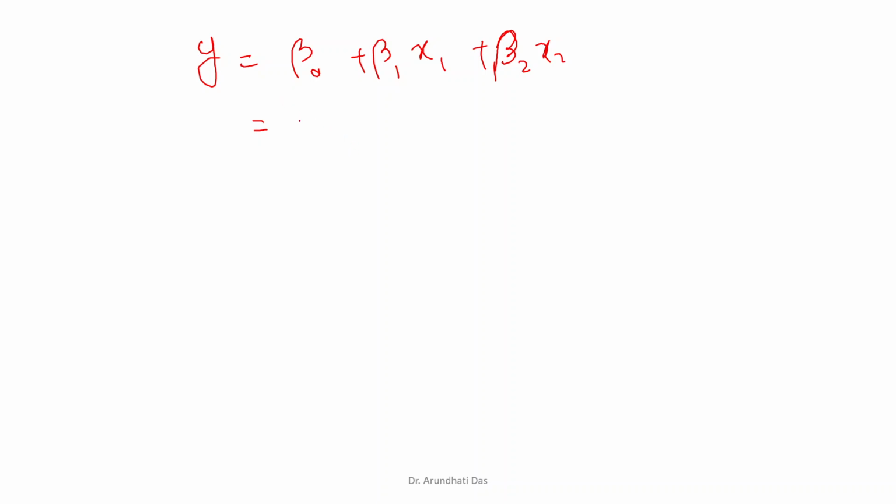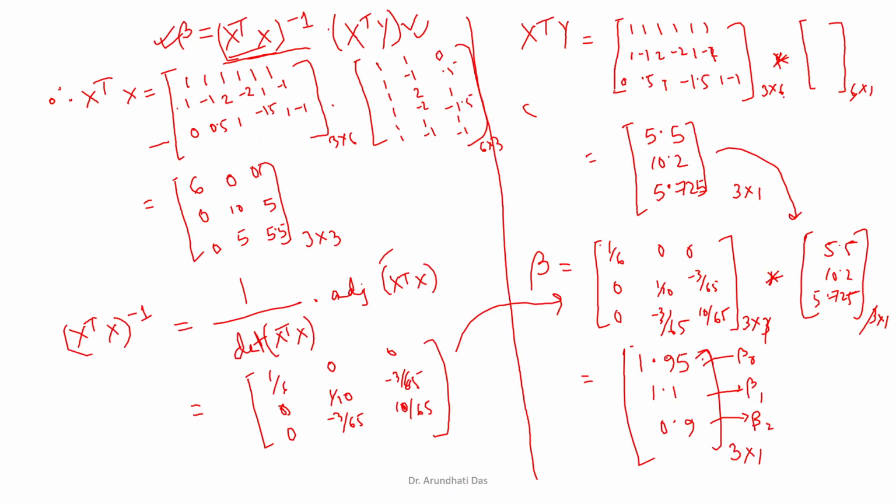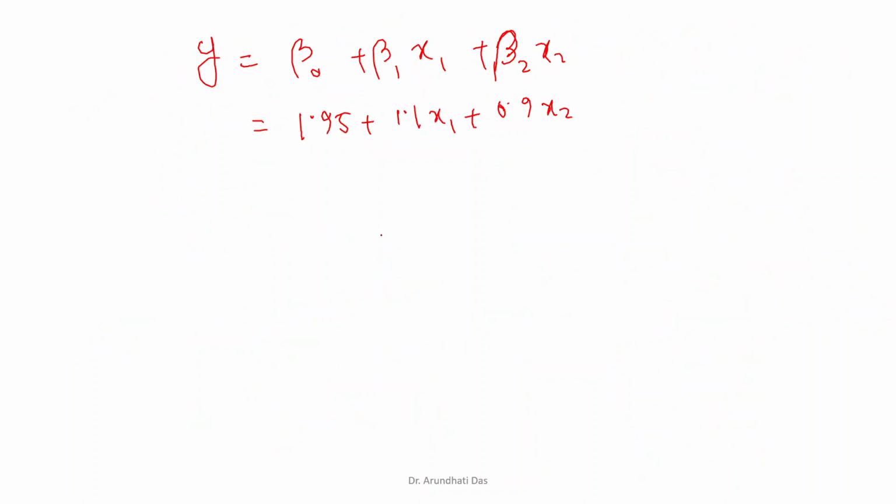So it is 1.95 plus 1.1 x1 plus 0.9 x2, correct? 1.1 is beta 1, 0.9 is beta 2. Now if I have any pair of x1 and x2 values, I can find the predicted y value.